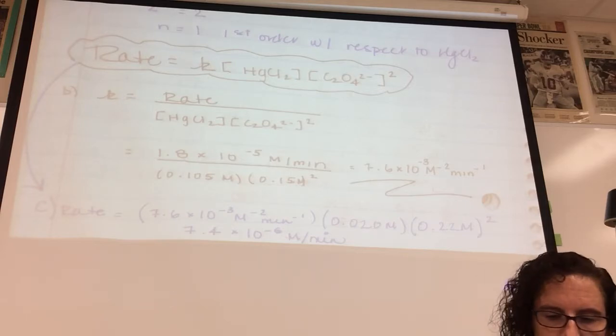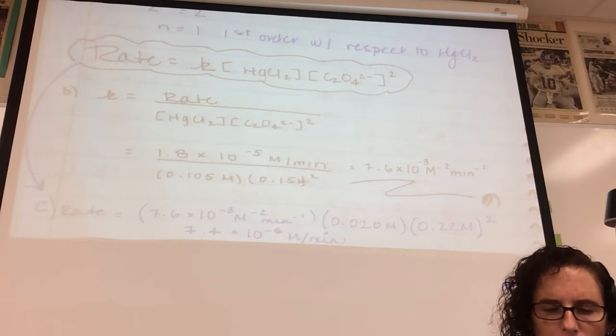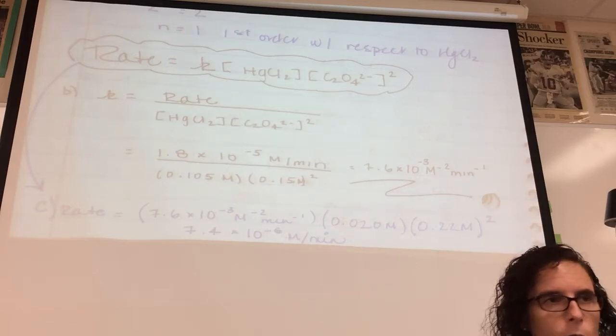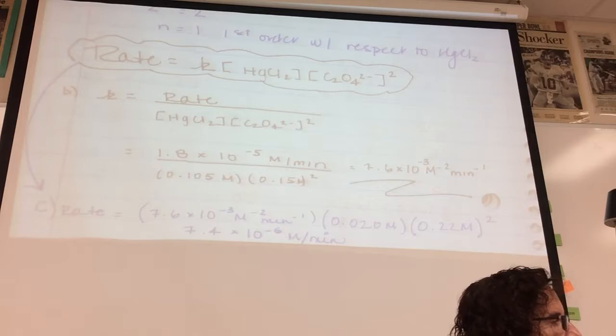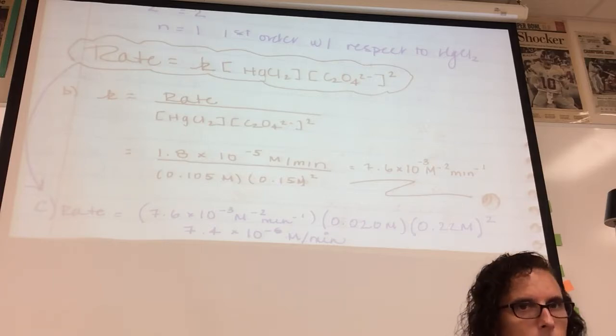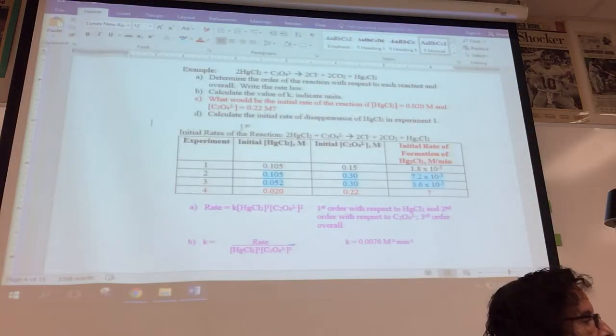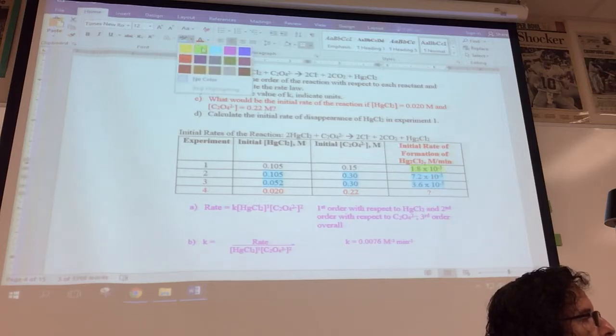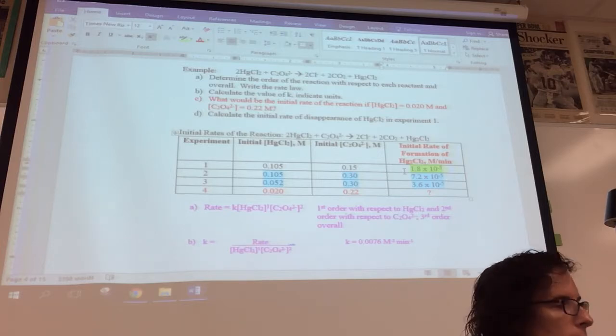The last question seems hard, but it really just relies on what we learned at the very beginning. It says calculate the initial rate of disappearance of mercury 2 chloride in experiment 1. Okay. If we look at the data table, we see in experiment 1, we're given an initial rate of formation for mercury 1 chloride.